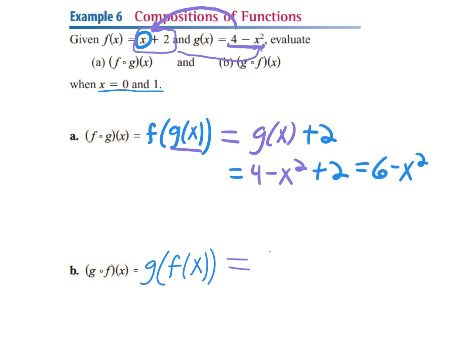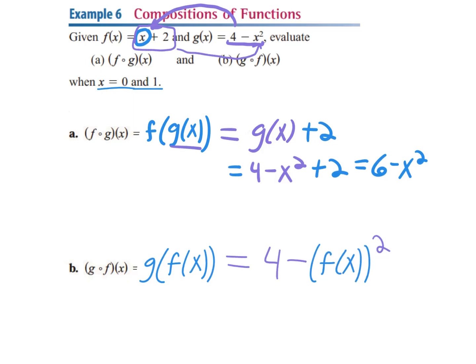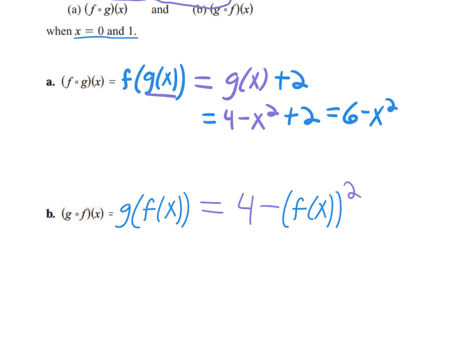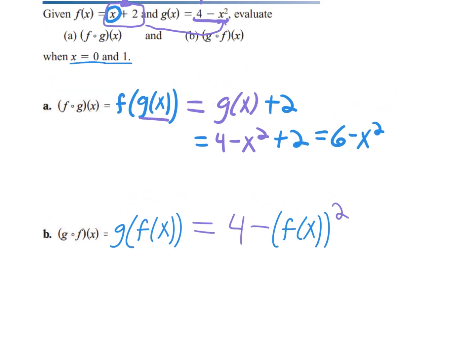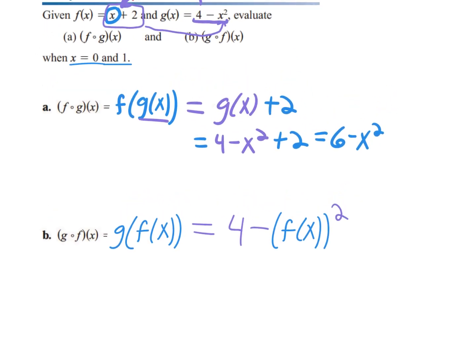So this is the same as 4 minus, instead of x squared, 4 minus f of x squared. So we can take that function f of x, which is x plus 2, and then square it. All right, 4 minus that.